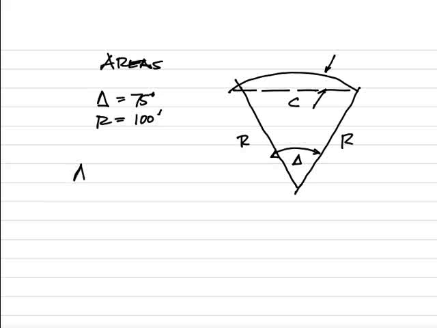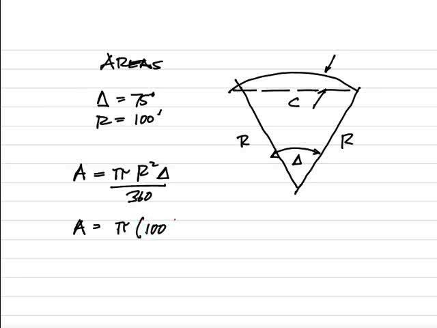You'll remember that the area of a circle is pi r squared, and then when we are taking some fraction of that circle, the fraction in this case is described by an angle delta, and that is a fraction delta over 360. So when I plug the numbers in, it's a real simple thing.